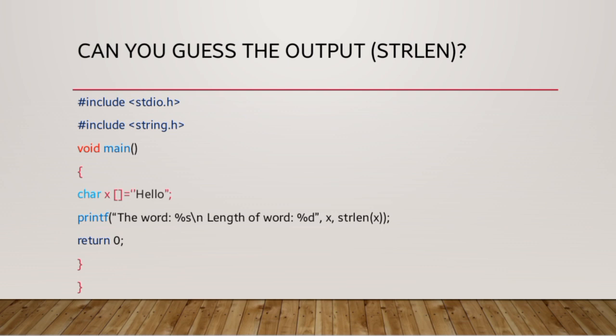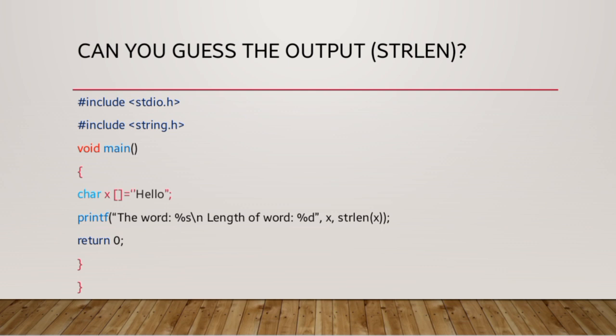So here we see the word %s, meaning display the English word. And after the word, what you should display should be a string. Okay, what string are we displaying?